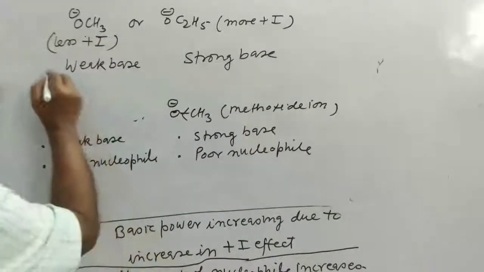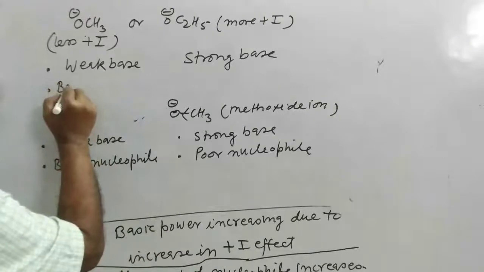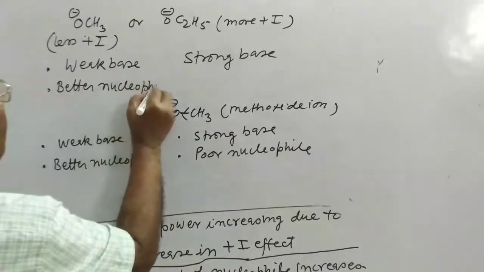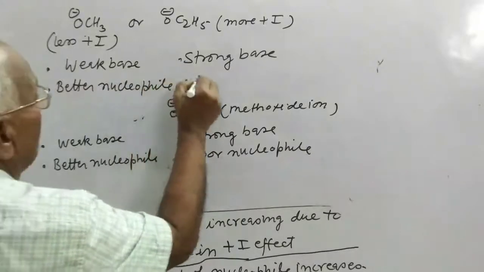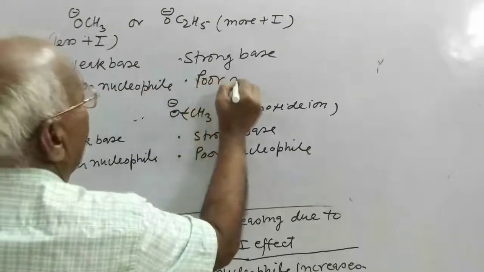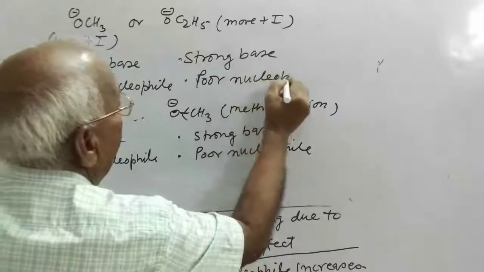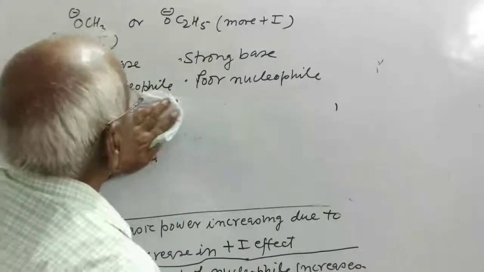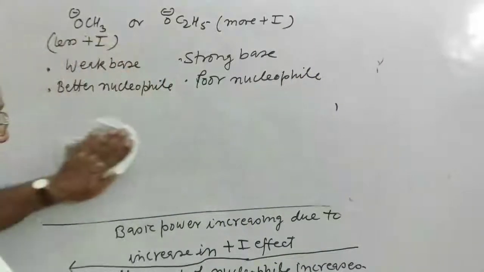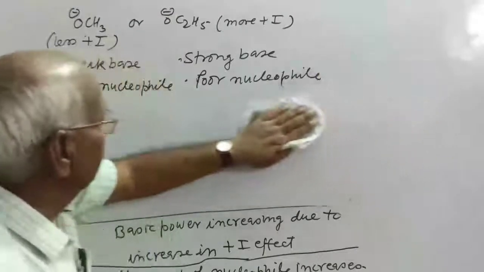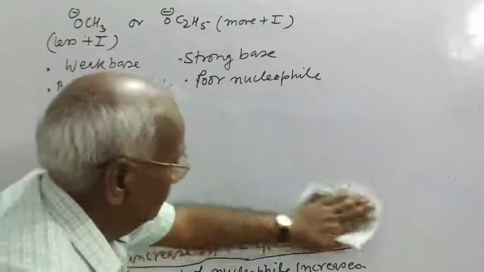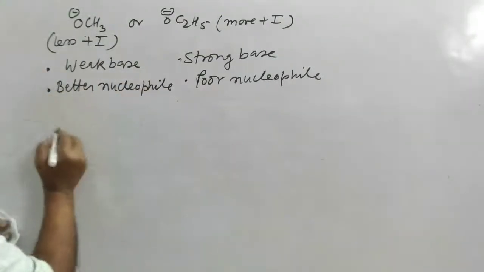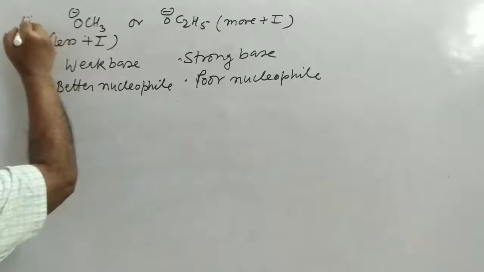So weak base is better nucleophile, this is poor nucleophile. Another example, this is example 2.